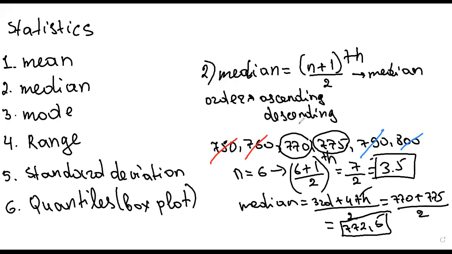You can't eliminate one from each side if you have two numbers left, so you just add these numbers and divide by two. It's the same thing.